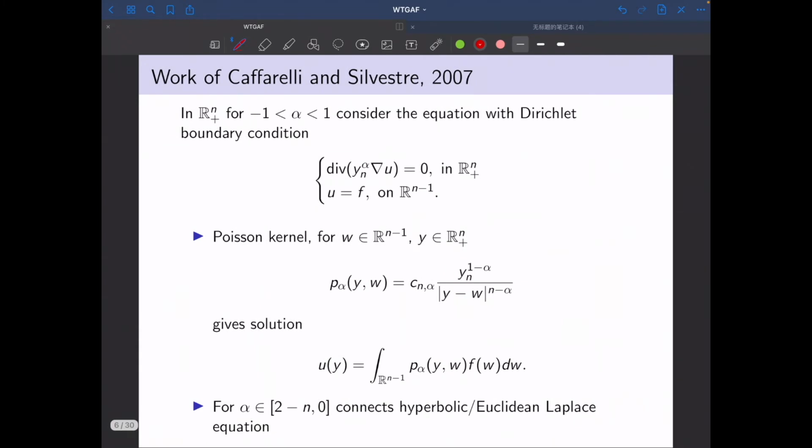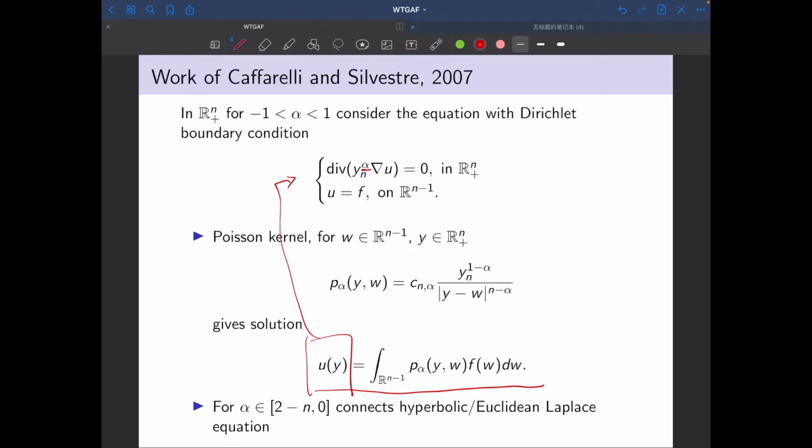In the year 2007, Caffarelli and Silvestre studied this generalized family of equations with Dirichlet boundary condition. In particular, there is a parameter alpha here that goes between -1 and 1. They also found the Poisson kernel for this equation. If you have a function f which is nice on the boundary, then you can do the integration over here to obtain a solution u to the equation over here.